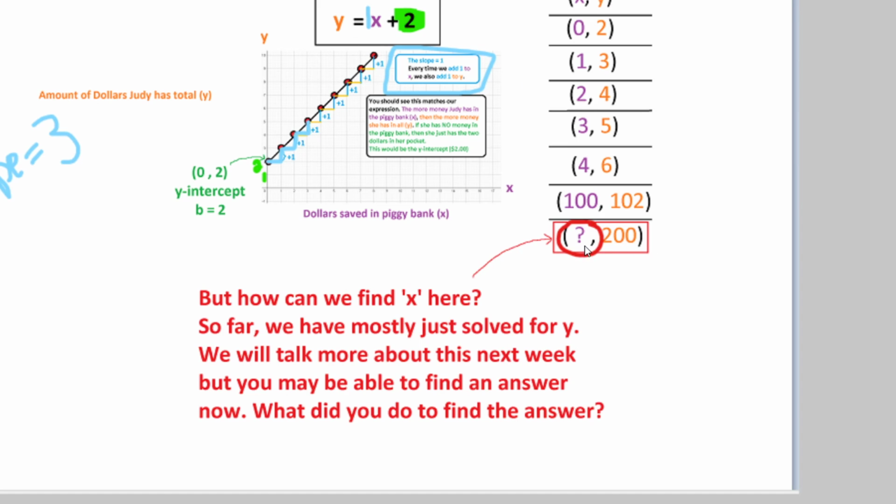Okay, you said, okay, well, y is 200, so x is going to be, well, we know we're adding 2 to whatever x is, so x would have to be 198, because 198 plus 2 is 200. Right? If we said x was 198 plus the 2, it'd be equal to the 200 that we want here.